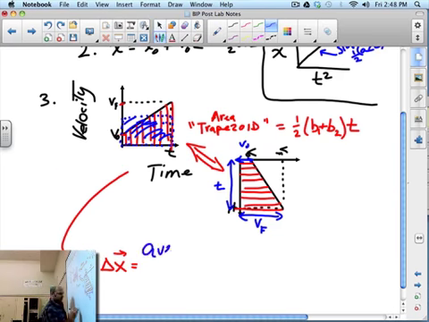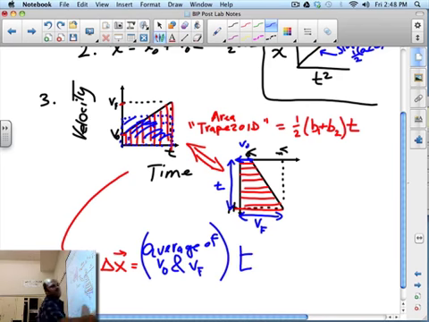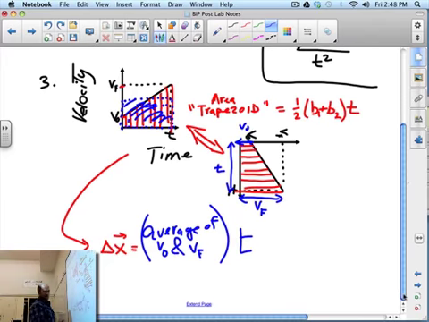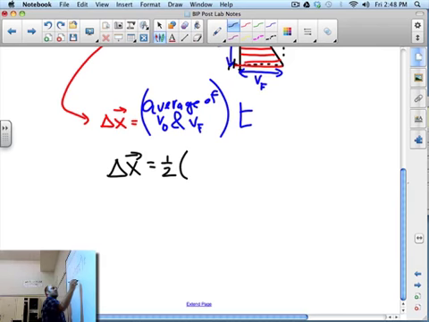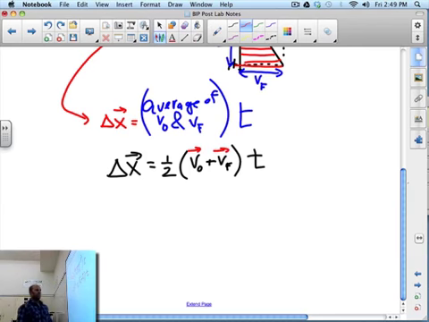So average of V naught and V final times t, using the area of a trapezoid equation. So delta x then is going to be the average of the velocities times t. Okay? Cool bananas. This is equation 3.